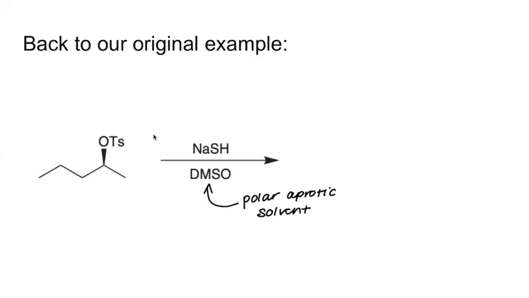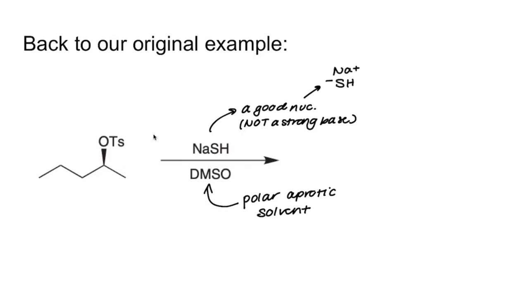This NaSH is going to be a good nucleophile, but not a very good base, so not a strong base. The reason why this is a good nucleophile, remember, is because of that sulfur. You can imagine having the SH minus and then maybe the Na plus.